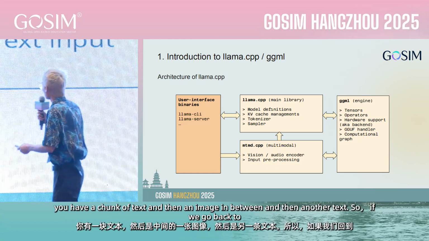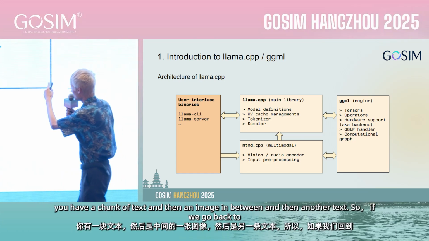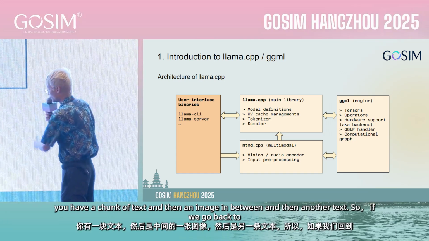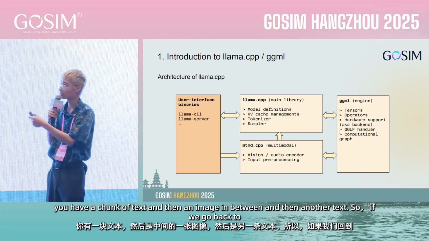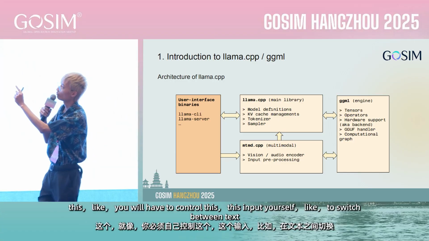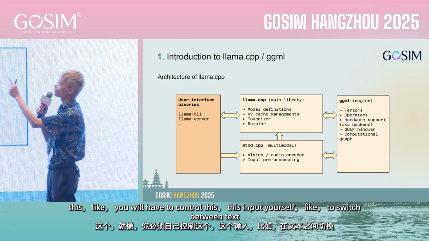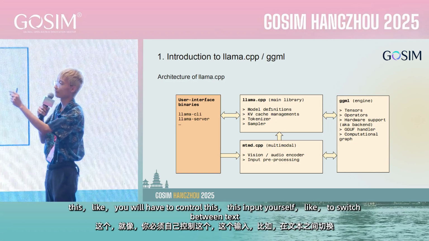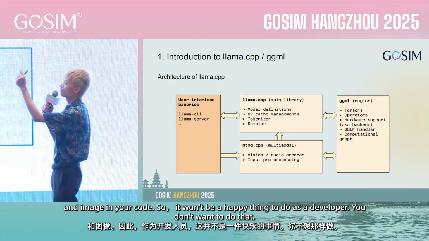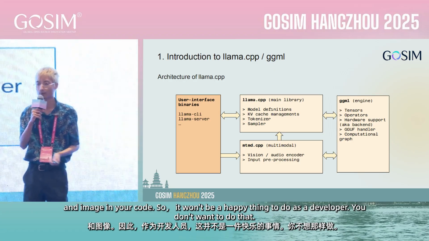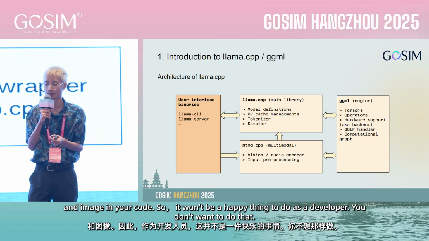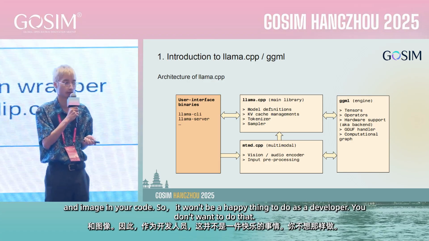So you have a chunk of text, then an image in between, and then another text. If we go back to this slide, you will have to control this input yourself, switching between text and image in your code. So it won't be a happy thing to do as a developer. You don't want to do that.